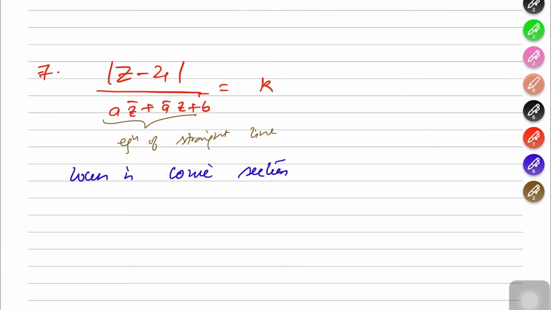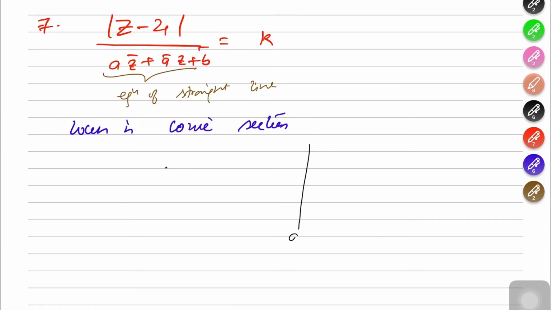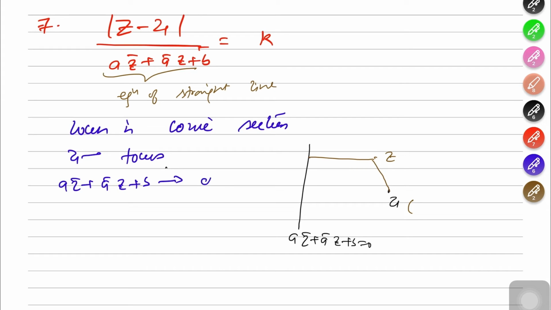This is the straight line a Z bar plus a bar Z plus b equals 0, and this is Z1, and this is Z. So Z1 is the focus of the conic section, and a Z bar plus a bar Z plus b is the directrix of the conic section.